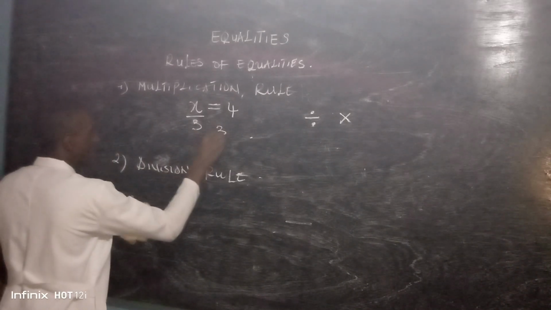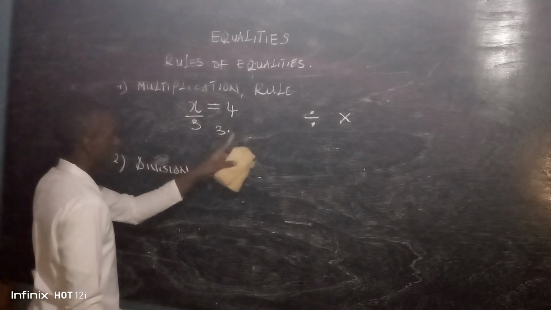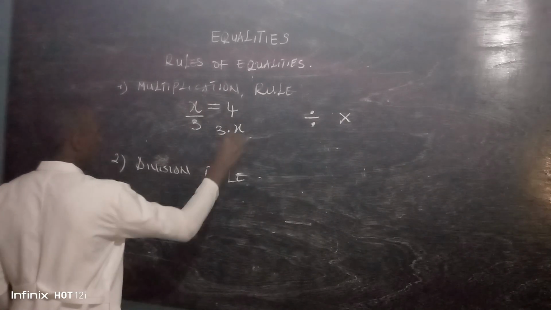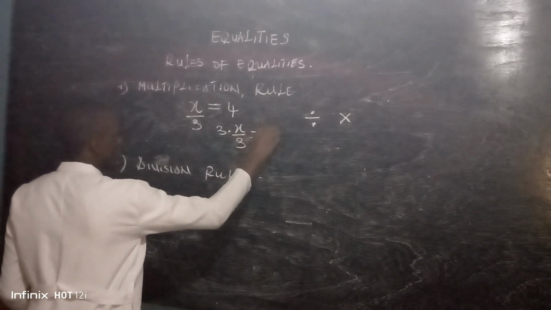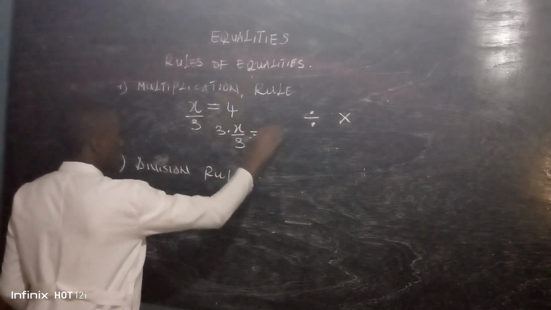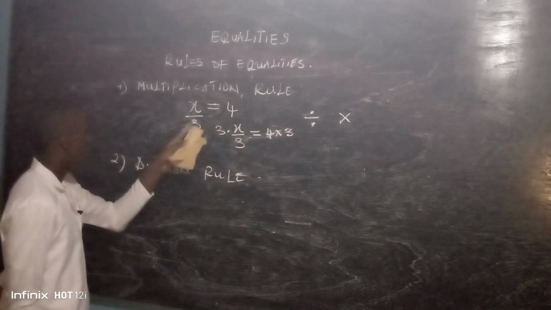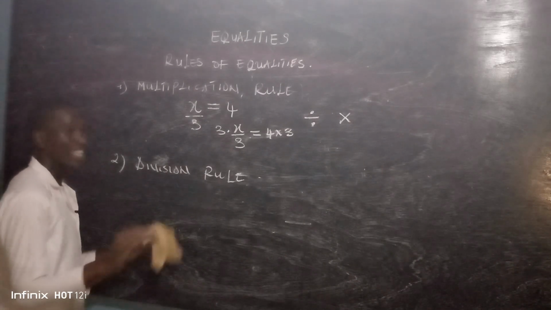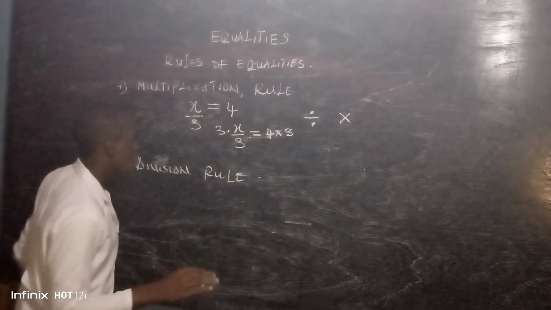So I have 3 times, when you see a dot in mathematics, it represents multiplication. 3 times what? x over 3 equals to what? 4 times 3. Because I'm multiplying on both sides of the equation the quantity that is divided by. Whenever you see it in any equality, that's how you clear all fractions in solving.